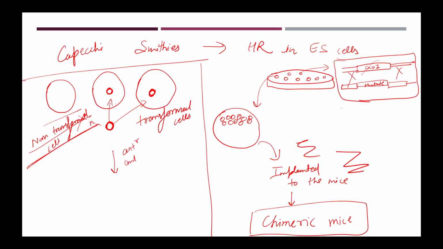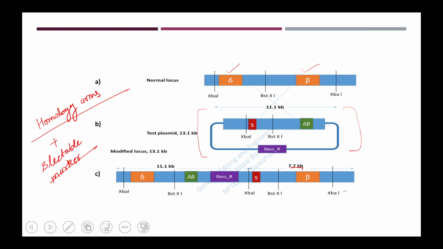As these two cells have the selectable marker, they can bear the pressure of the drug and will survive, but the non-transformed cell, which does not have antibiotic resistance, will not be able to survive. That is how it gets eliminated, and you can select only the cells transformed with your construct.